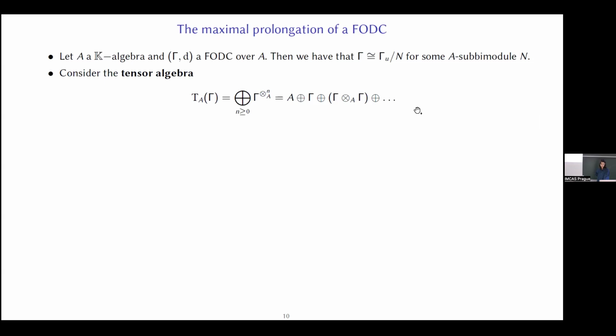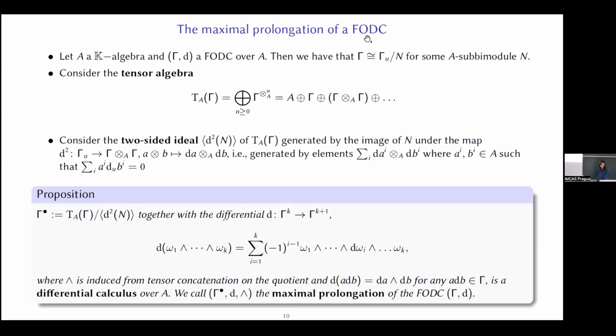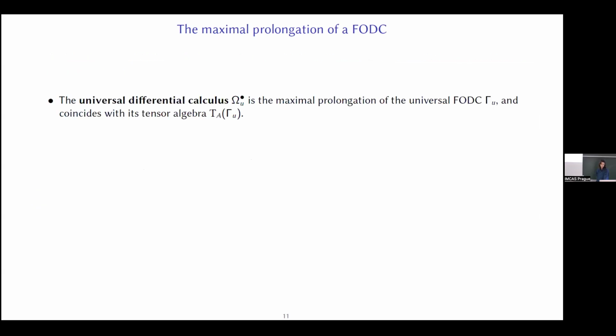I think the answer is that the projection map is unique: from the maximal prolongation of the first order universal calculus to any other calculus extending the same first order calculus, the projection map of differential graded algebras is unique.